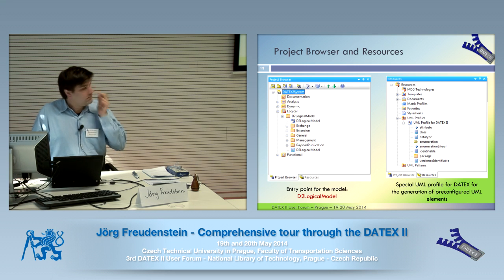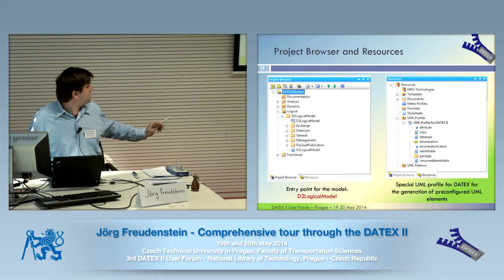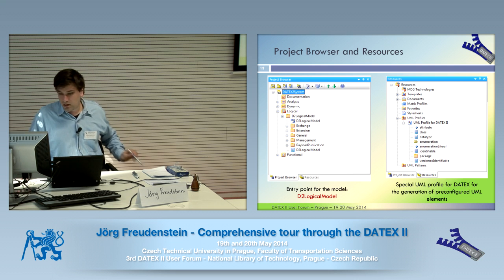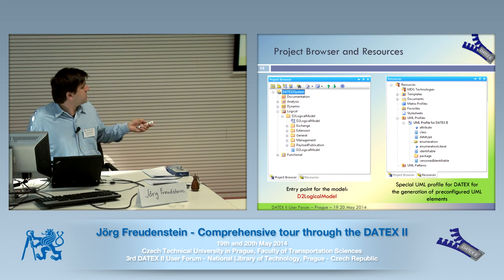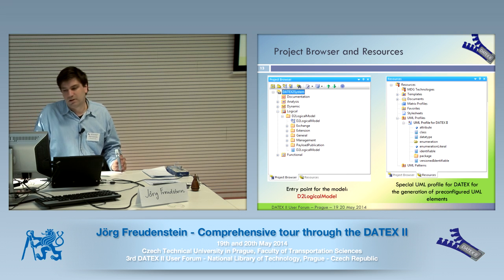I said in Enterprise Architect, this is the project browser where you can see the packages. And here we have another window you can see on this side now, which are the resources. And you see that there is a UML profile created for Datex 2. That means that it is part of the data model.